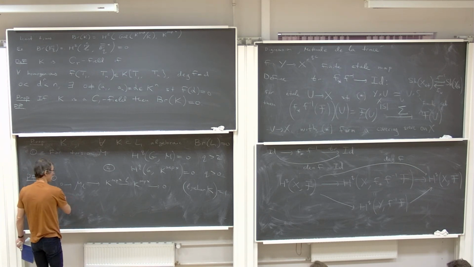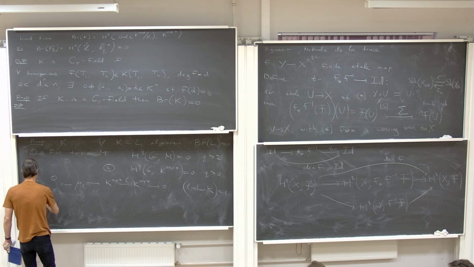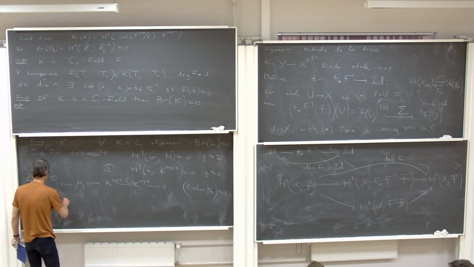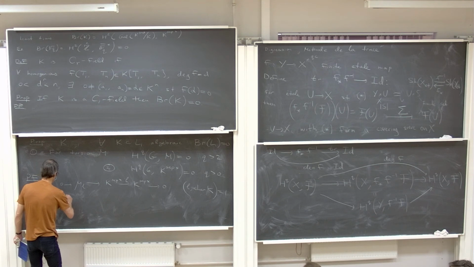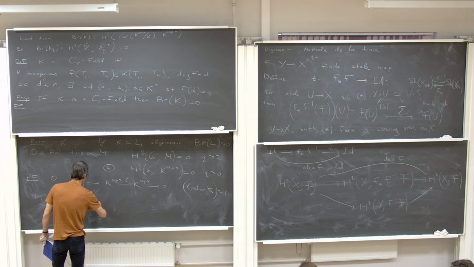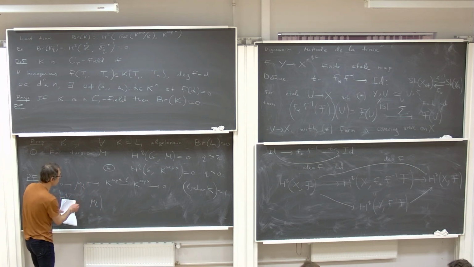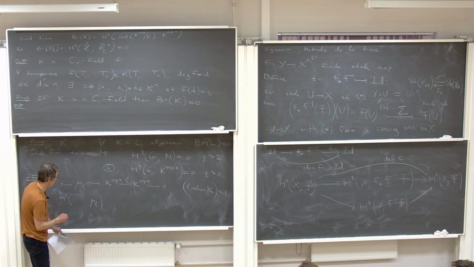And so it implies that cohomology of G with coefficients in mu_l is equal to 0 for q greater than 2.